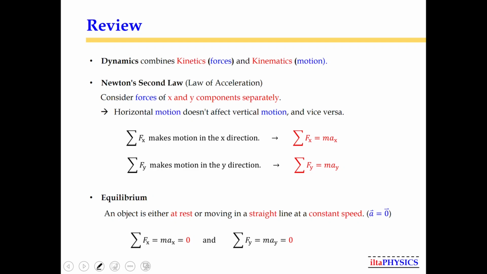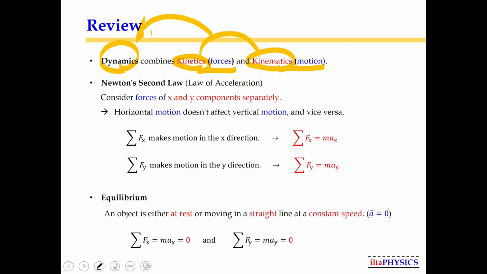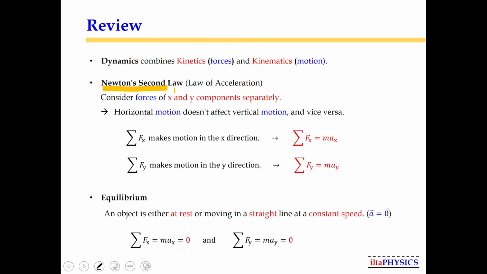Let's briefly review what we learned last time. So far, we've studied two separate branches of physics: kinetics, which deals with forces, and kinematics, which deals with motion. When we combine them, we call it dynamics. These two areas are quantitatively connected by Newton's second law, the law of acceleration.